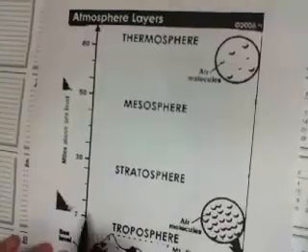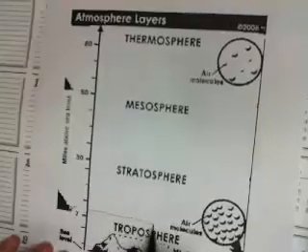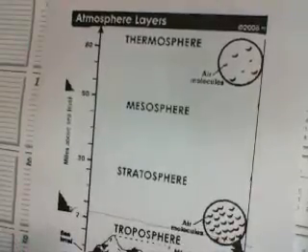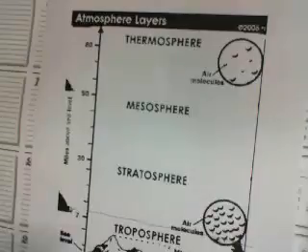And the troposphere starts right about here. Now, it's important to keep in mind that the troposphere isn't always the same thickness everywhere. For example, at the equator, the troposphere is much thicker than it is at either of the poles.